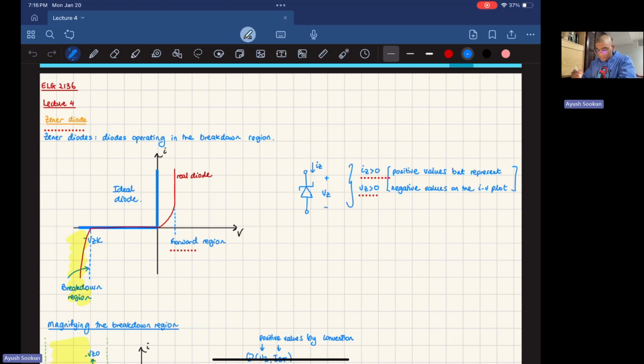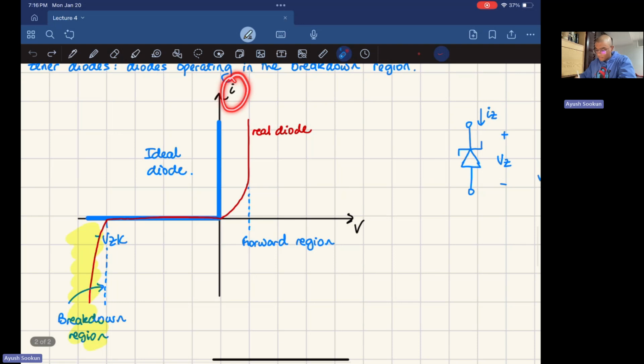So, what is a Zener diode? A Zener diode is basically a regular diode that is operating in the breakdown region. We've seen before, this is my current, this is my voltage, and this is the forward region. An ideal diode would be this blue curve, and this is the IV characteristic of a real diode. minus VZK is the most negative point, beyond which the diode operates in the breakdown region.